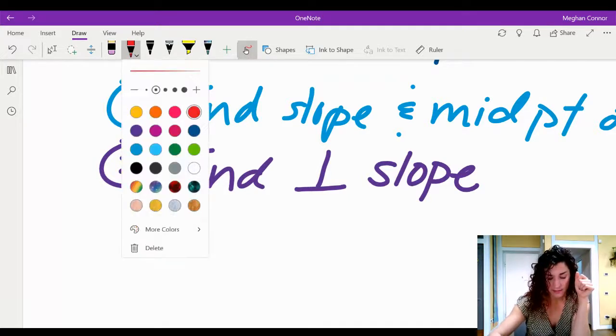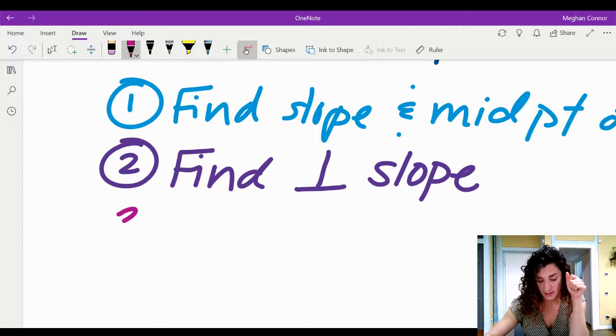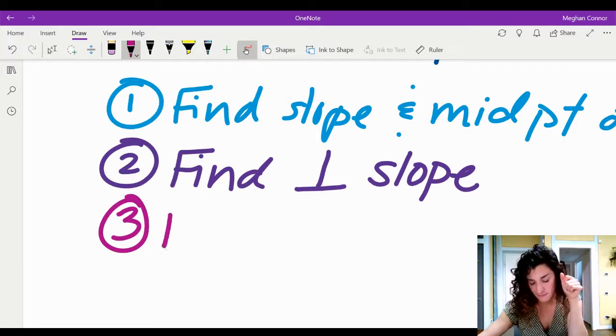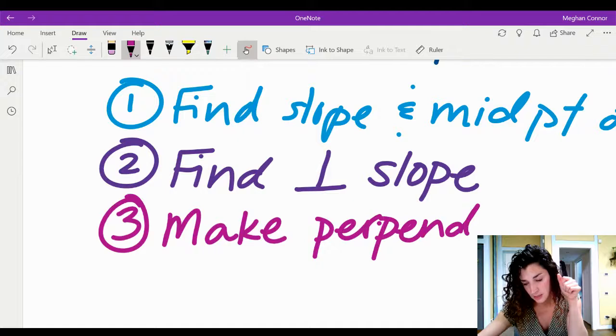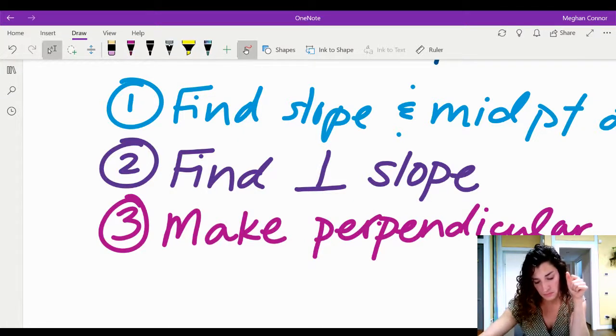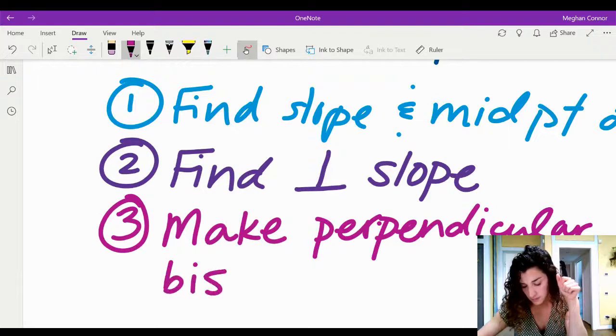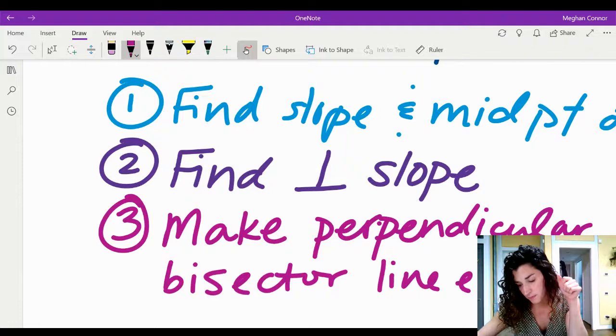Then you can make your line. Make perpendicular bisector line equation. EQ, it's short for equation.